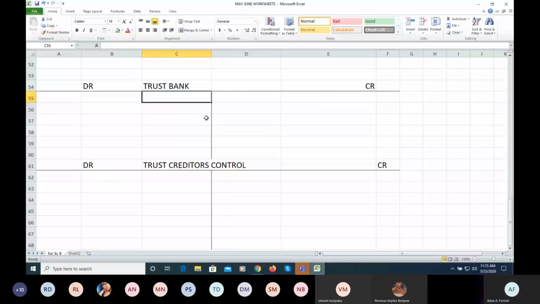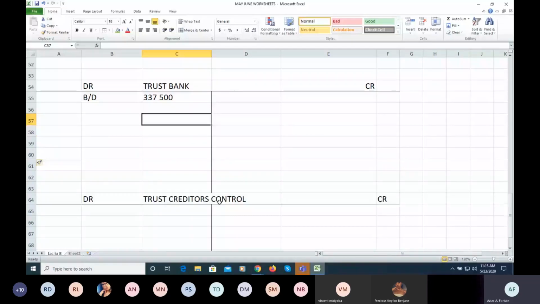Because it's an asset. So they gave us this balance. How many people did not get this balance? Okay, so everybody got the balance.